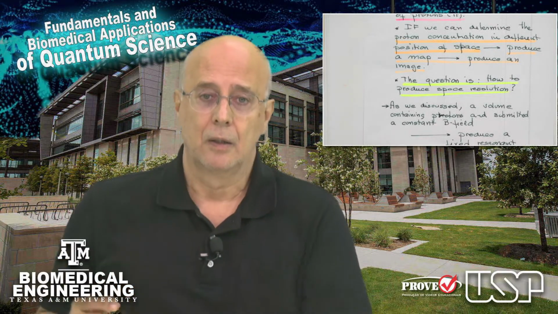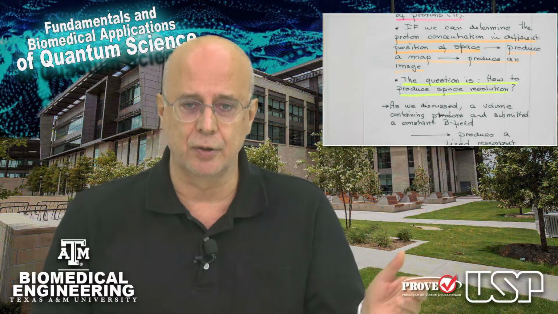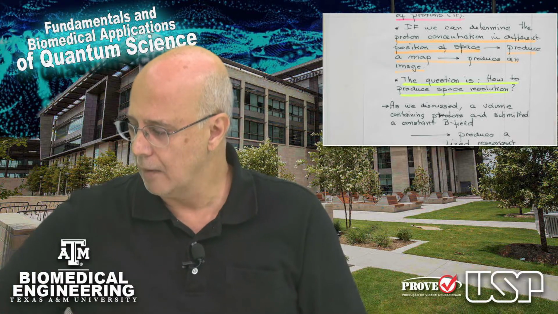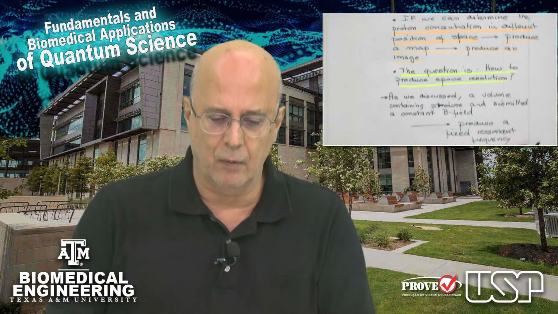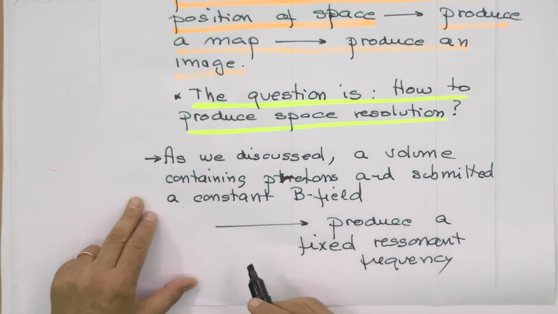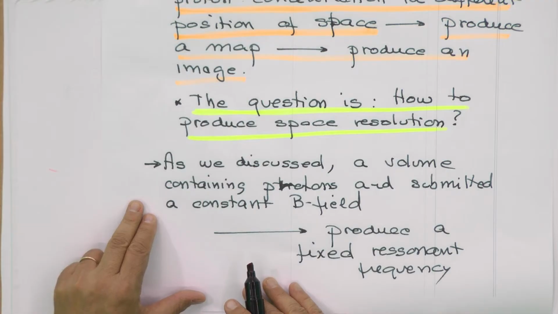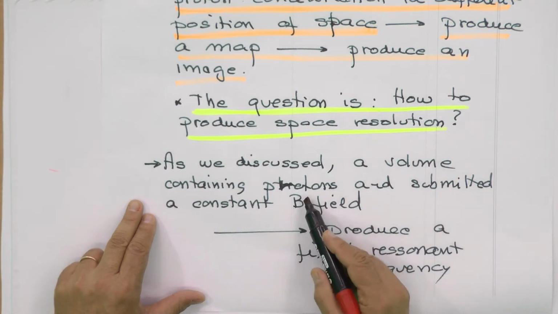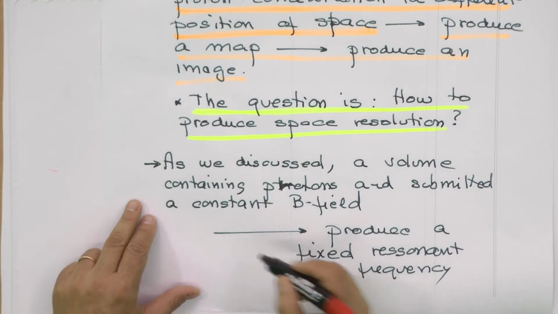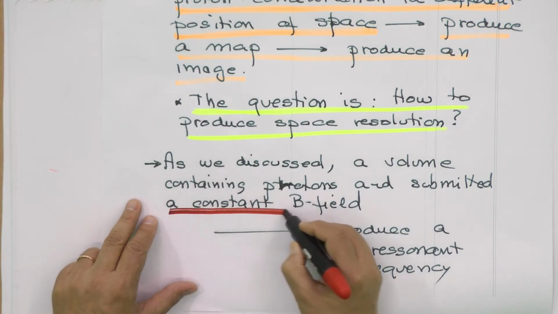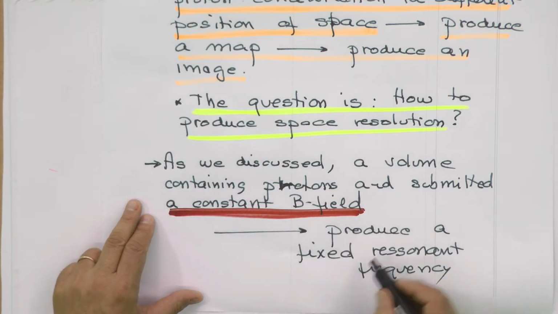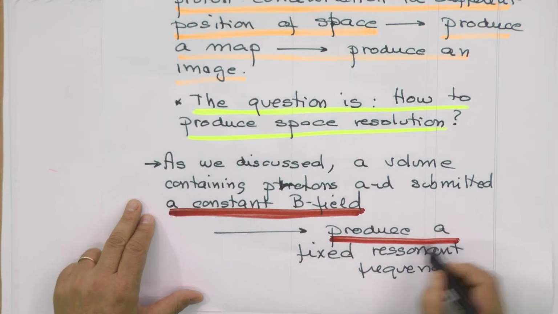Well, here comes what I taught you on the overall ideas of magnetic resonance. If we have a sample that contains protons and we submit it to a constant field, this field determines a fixed resonance.